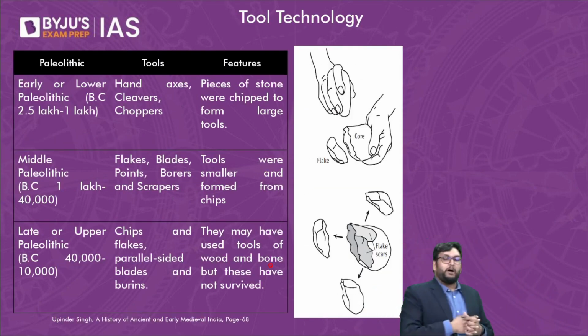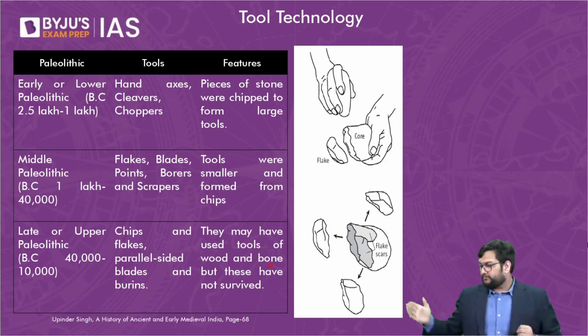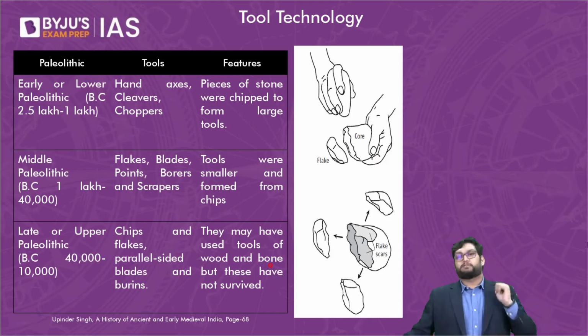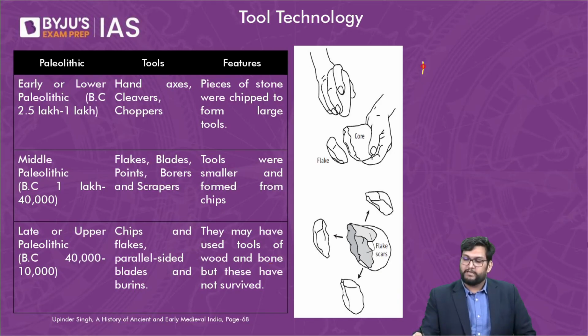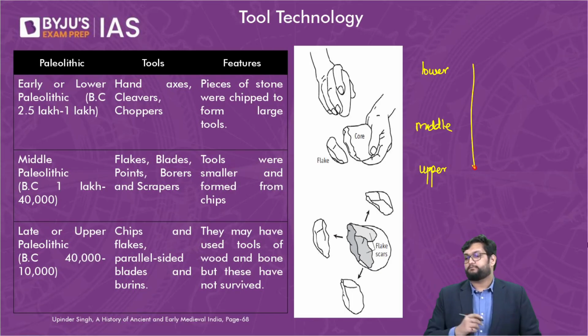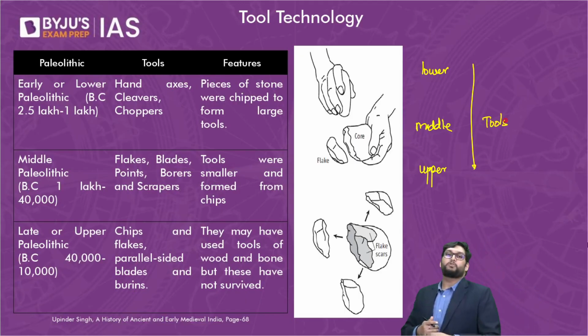But then you will say, how do we know that it is lower, middle, upper? We know it through the tools. Because from lower to middle to upper, there's a change in tools.